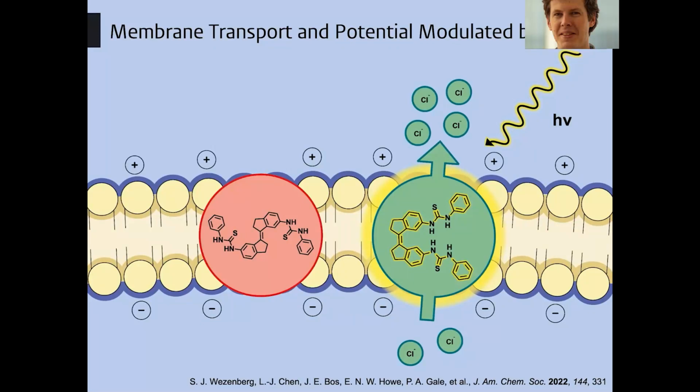So to some extent, there's some similarity to the anion channel rhodopsin compounds I showed you in the beginning of the lecture. Not yet halorhodopsin because, of course, the creation of the gradient, it's not driven by light itself.